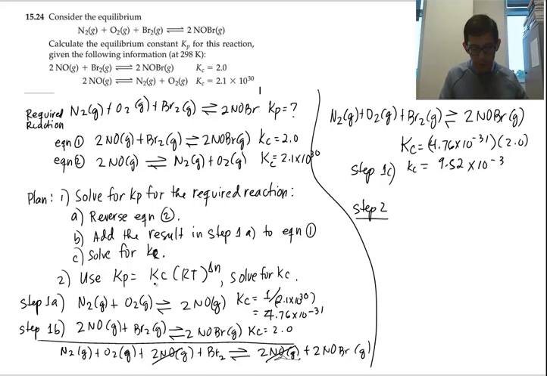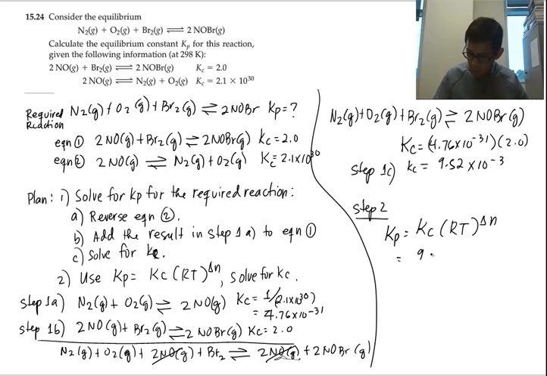Next, step 2. Use Kp equals Kc times RT to the delta N, and solve for Kp. We plug in the values.